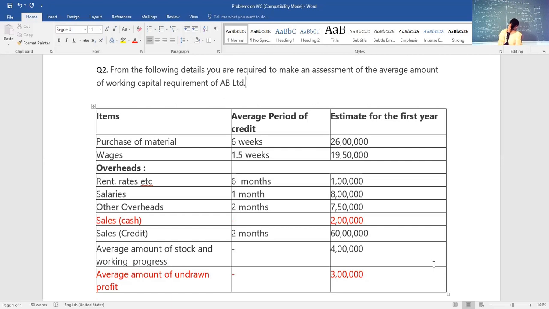So the balance is your net working capital required. How much is the balance? 8,02,083. Okay, 8,02,083 should be your net working capital required. Take it down soon.